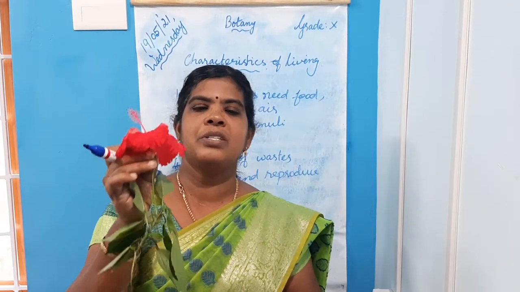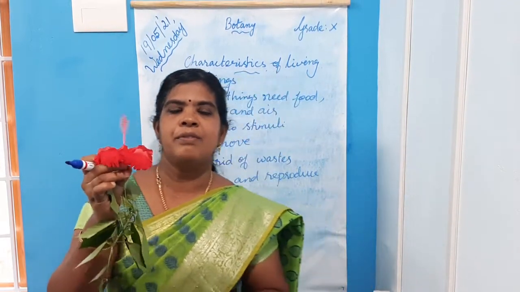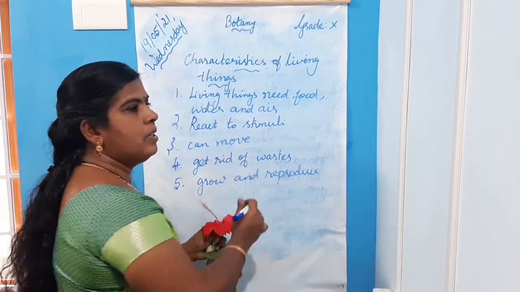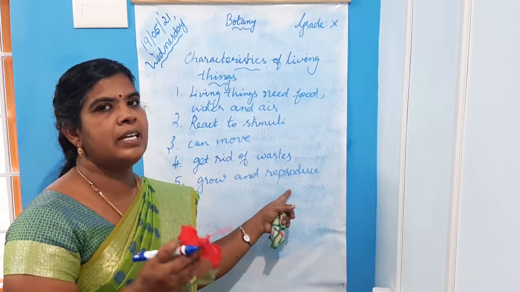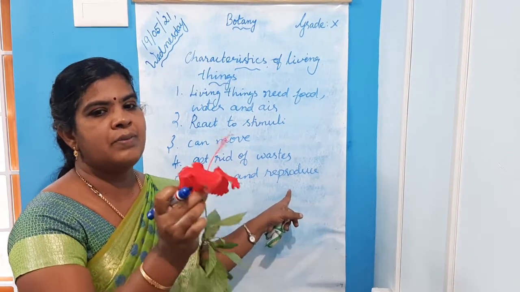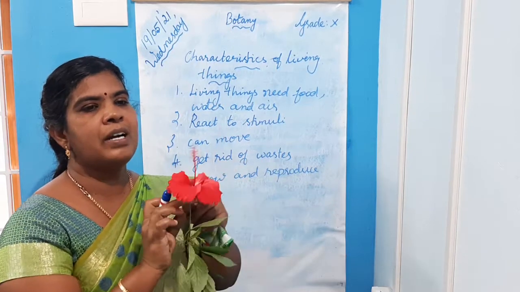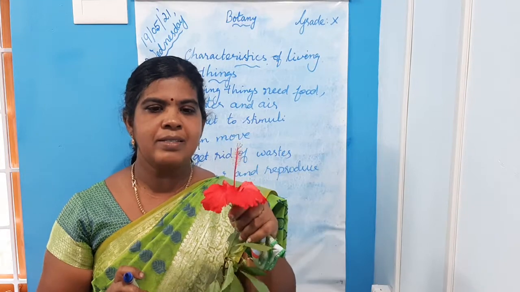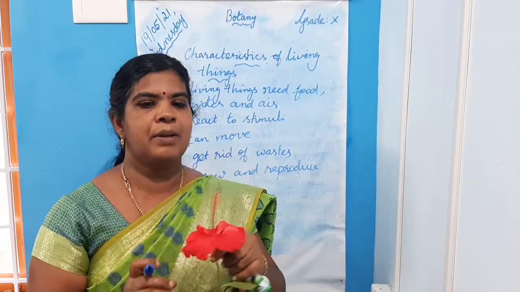It carries out the sexual reproduction in flowering plants. Now we are going to learn one of the important characteristic features of living things, reproduction in flowering plants.